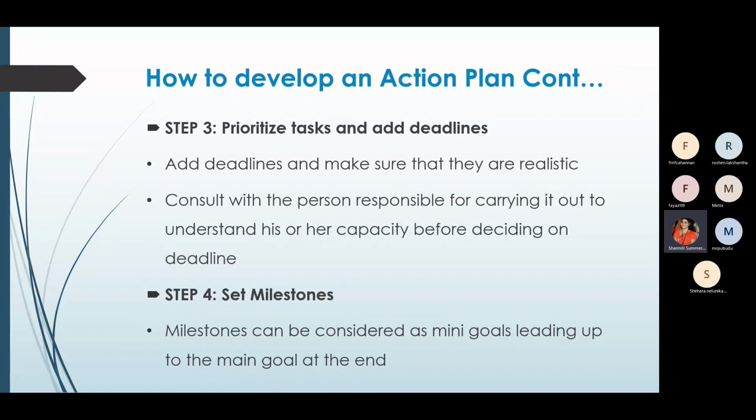Then again for the second month, you are going to work. So it will motivate you more and more. That motivation enhances your working capacity, so you work more and more in order to achieve, and ultimately it will affect your large goal. If you start to focus on your mini goals, at the end you can achieve your major goal in an effective and efficient manner, right? So that is the importance of setting milestones as the fourth step.